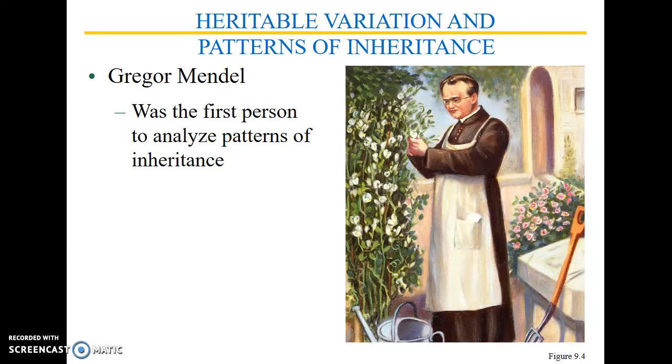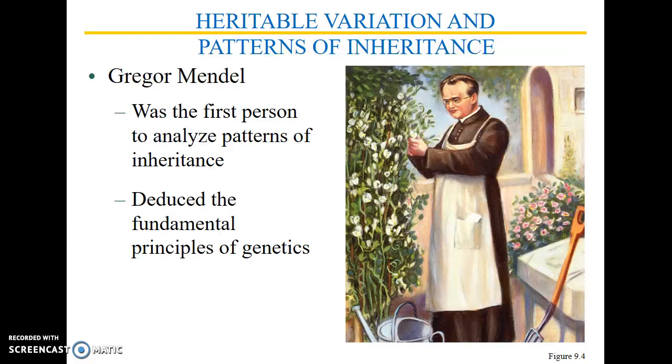And he was working in a time long before people understood the molecular basis of inheritance. This was long before people understood complementary base pairing, the fact that DNA is the actual basis of inheritance. But what he discovered still holds true to this day, and a lot of his studies are still used as the basis of our understanding of genetics.